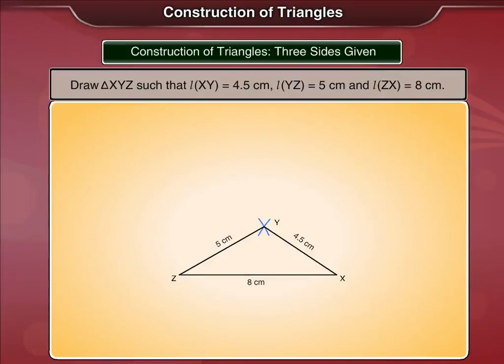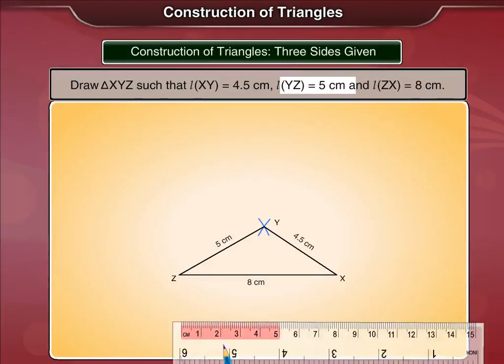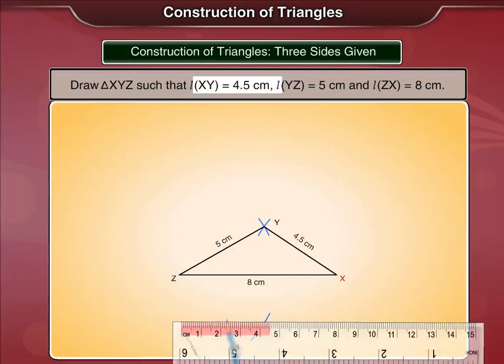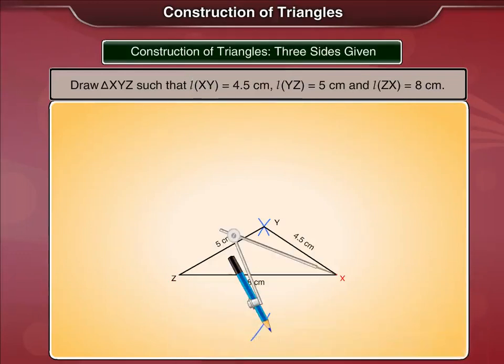Place the pointed end at point X and draw another arc intersecting the previous arc. Name the point of intersection as Y dash. Join the points X and Y dash. Also join point Z and point Y dash. We get another triangle XY'Z on the other side of XZ.